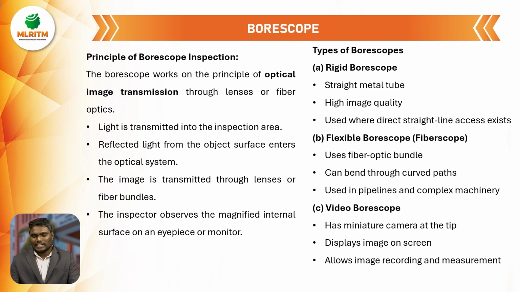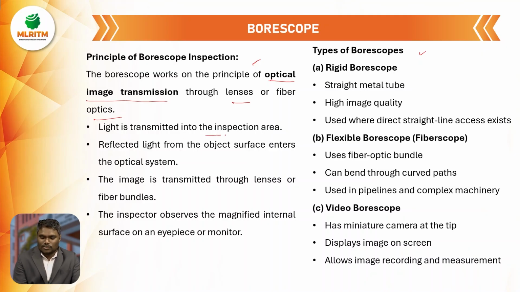Right? We will now be discussing the boroscope in depth: what the principle is, what the different types are, and where it is used. The boroscope works on the principle of optical image transmission through lenses and fiber optics. This is how the process happens.